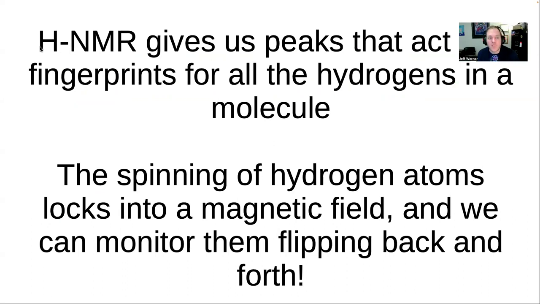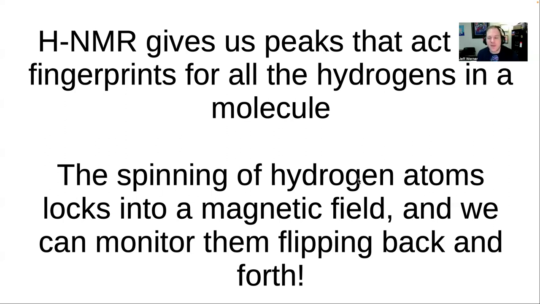So proton NMR, or HNMR, gives us peaks that allow us to follow a pattern as if it's a fingerprint for all of the hydrogens in a molecule. Every molecule that has hydrogen atoms in it is going to give you a different pattern by proton NMR, and we can use those patterns to identify them. If we have a mixture of compounds, we're going to get a mixture of those patterns.